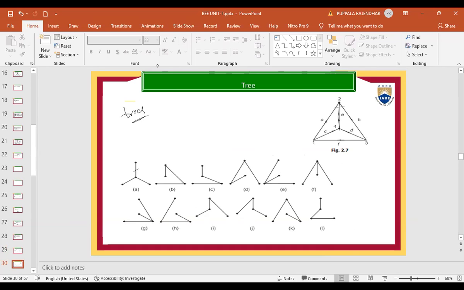It's a tree. And this one also, 1, 2, 3, 4. Sorry, is it a tree? This one. Is it a tree?